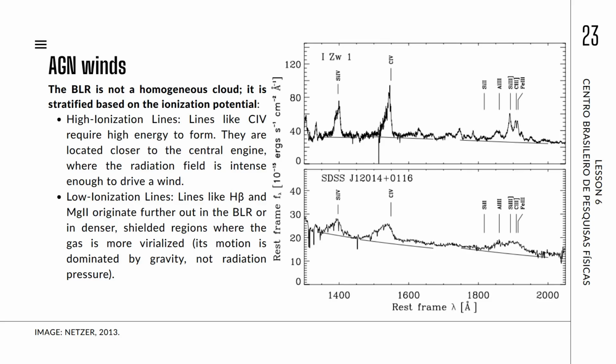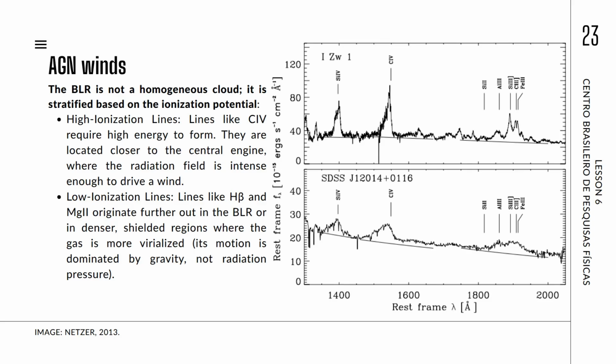So the hydrogen Balmer lines will be much more symmetrical. Does it make sense? Because close to the black hole there is no hydrogen. They are ionized.